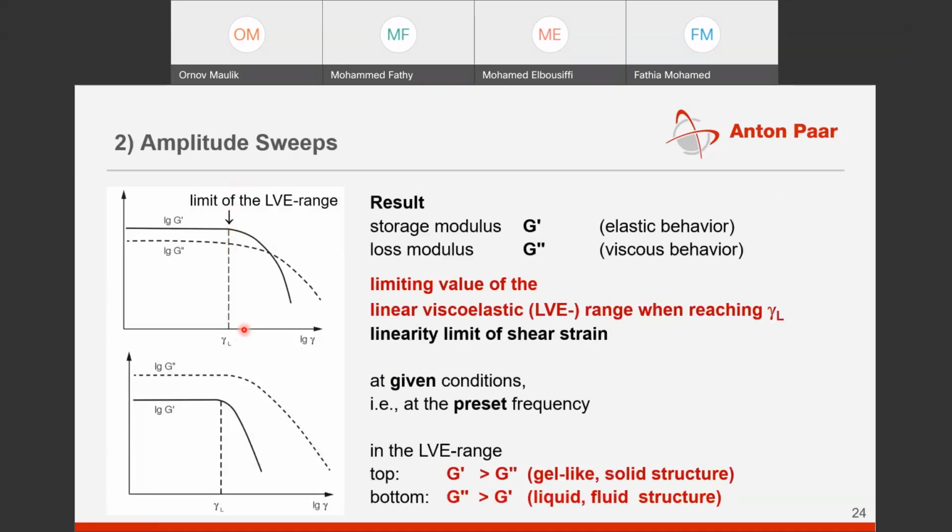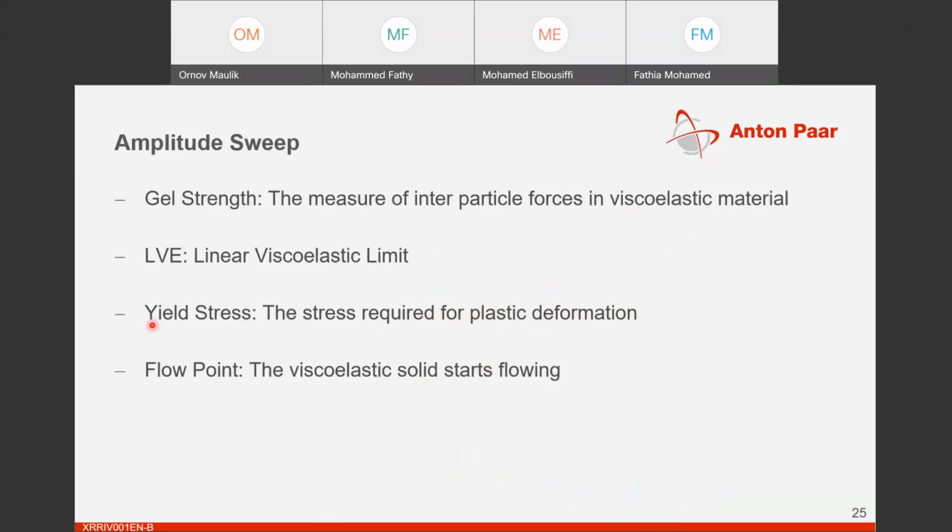Yield stress in this case would be the stress value after which the plastic deformation of that material started. And also you will get the flow point of the curve, that means the point after which your material starts flowing.